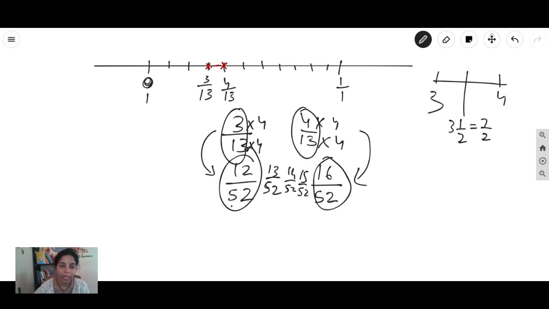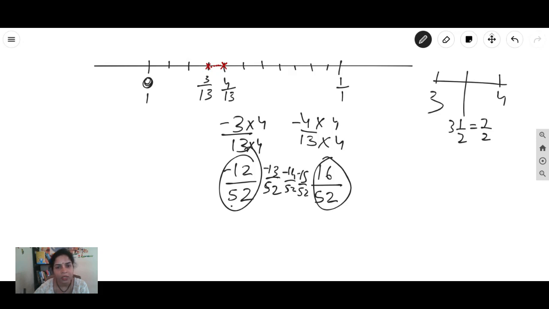Now, if you ask how we do this same thing between negative fractions, it's the same way. It is just that on the negative side of the number line, everything becomes a negative thing.